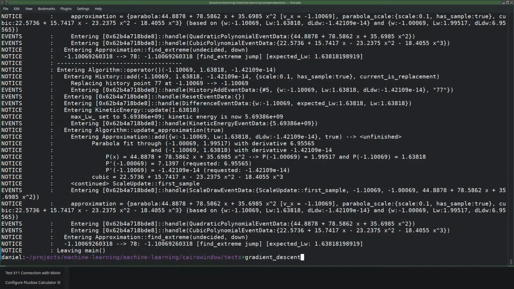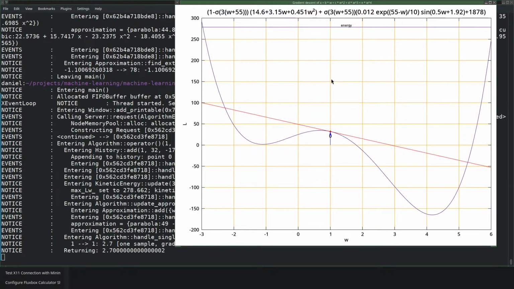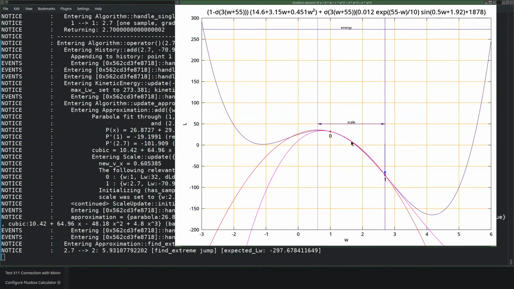My God, what is happening here? We should make a small step downwards. Well, small, all the way here, but why not? And then this curve has apparently a minimum here, so we jump there.